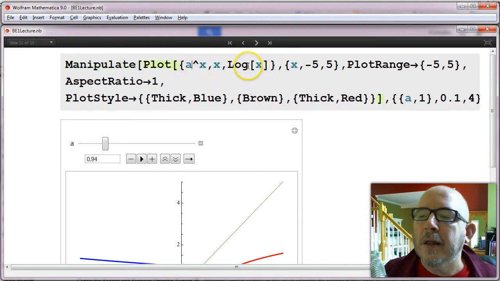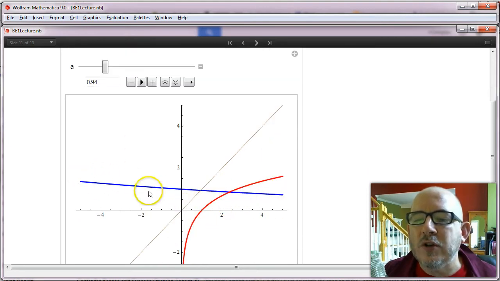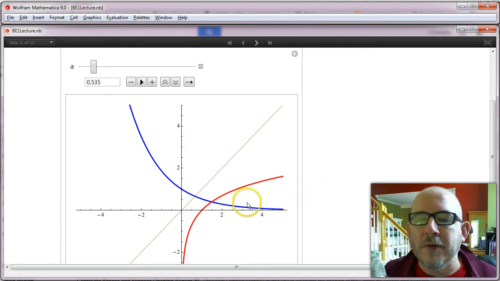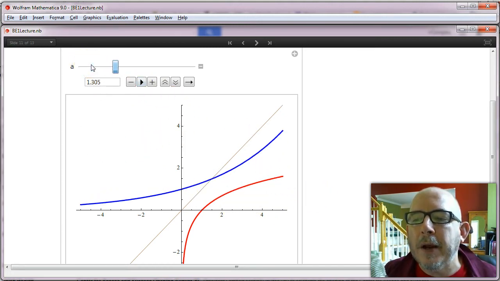In Mathematica, the natural log is so natural that when you write log, it doesn't think base 10, it thinks natural log. I'm manipulating a here. When a is right around 1, we get 1 to the x, which just stays 1. When a is less than 1, it curves that way. That's not what we're looking for. Now look what happens when I let a be bigger than 1.